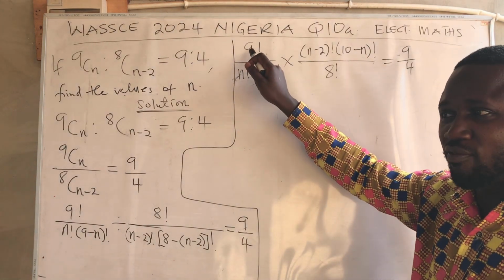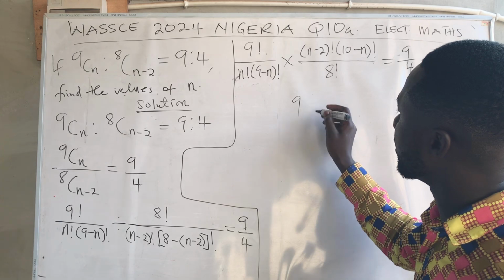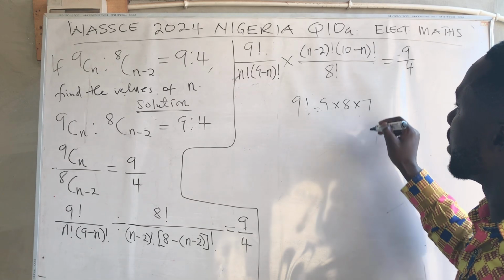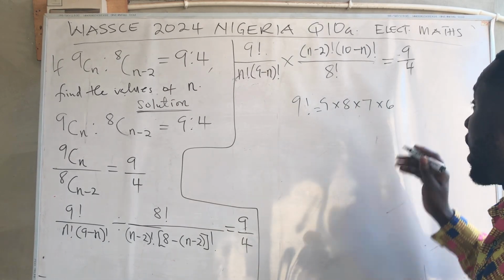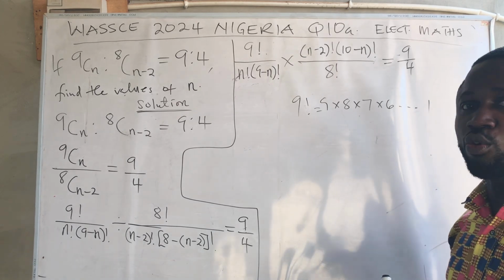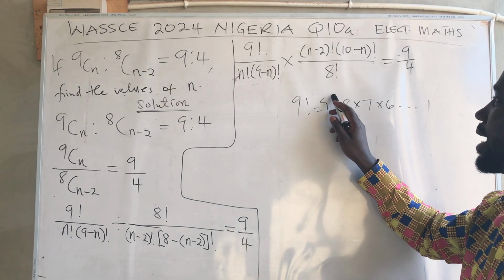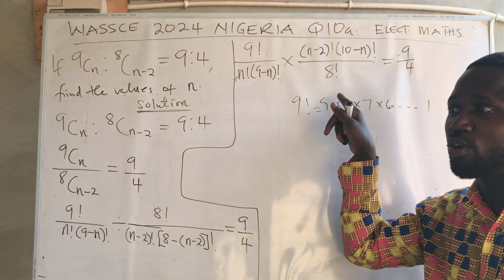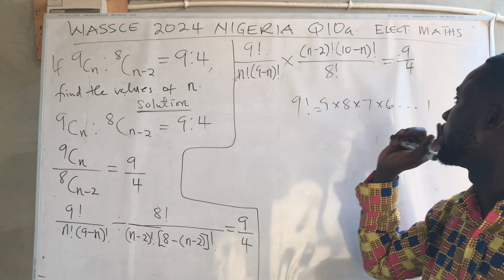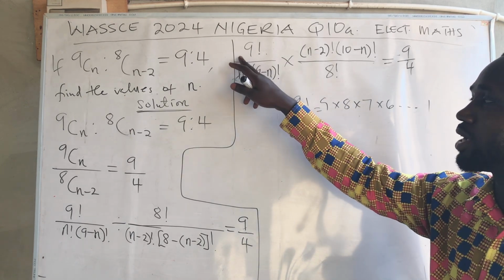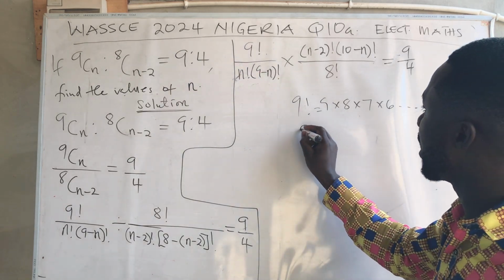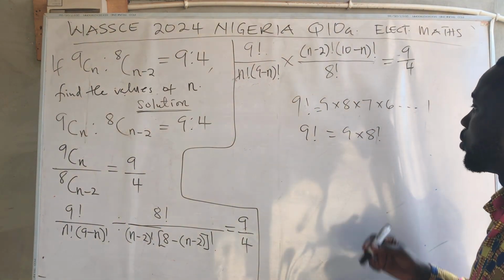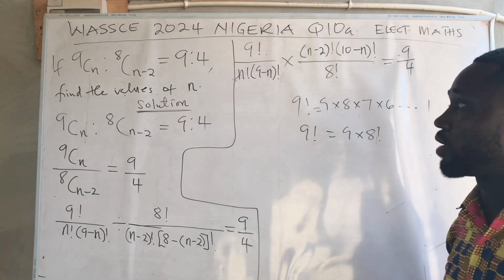So the moment we write 9 factorial, the next multiplication we get to is 8 factorial, because 8 factorial is 8 times 7 times 6 and so on. So 9 factorial can be written as 9 times 8 factorial, which is correct, so that we can cancel the 8 factorial with the 8 factorial here.